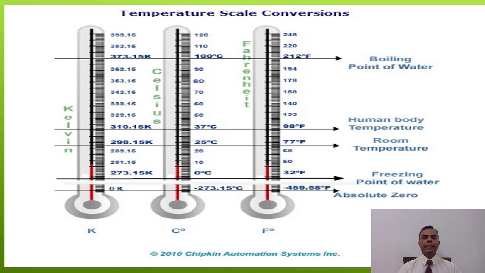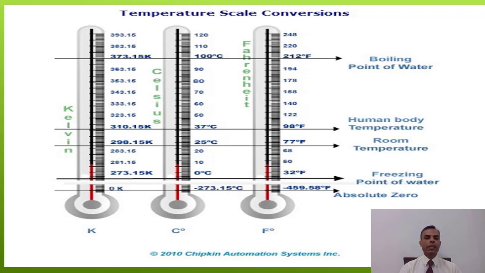Here is the comparison of these three temperature scales. We can see here, first one is Kelvin, secondly Celsius, and third one is Fahrenheit. On the Kelvin scale, the freezing point of ice is 273.16 Kelvin, in Celsius it is 0 degree, and in Fahrenheit it is 32 Fahrenheit.